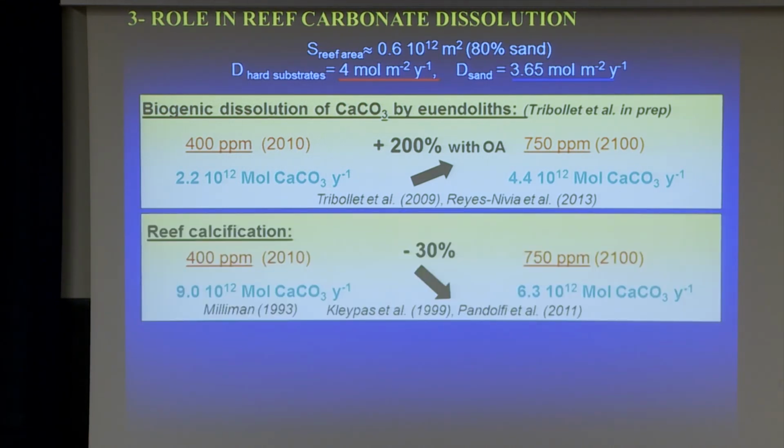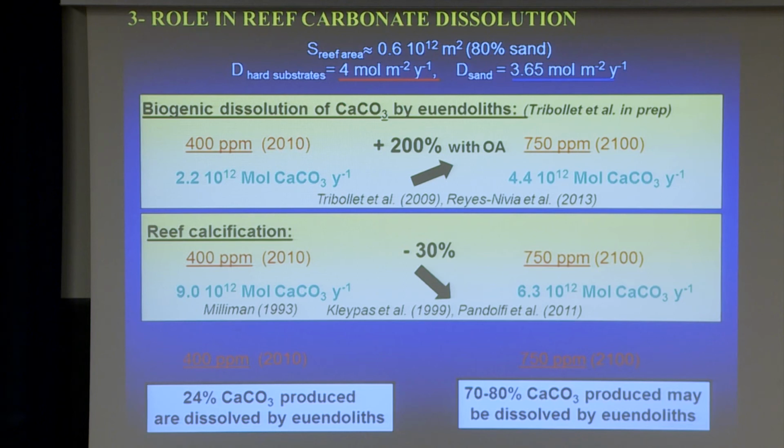At the same time, you probably know that coral reefs will also calcify less under ocean acidification, due to the reduction of calcification by corals and crustose coralline algae especially, which are the main reef frame builders. And this number should decrease by about 30%. Therefore, the production of calcium carbonate in reefs should be around 6.3 × 10^12 mole per year.